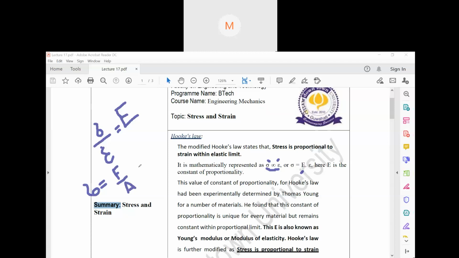Stress is equal to force per unit area, and strain is equal to change in length by actual length, right?